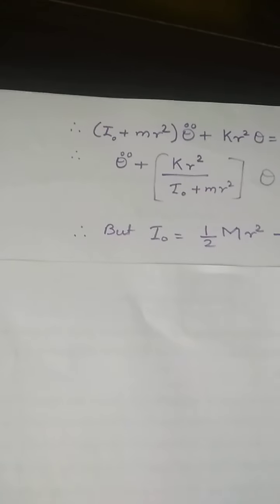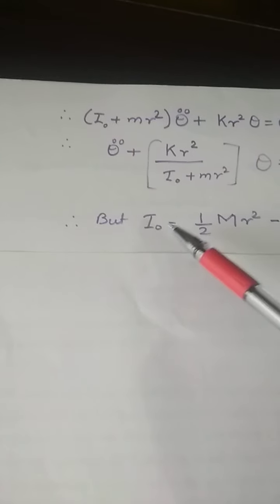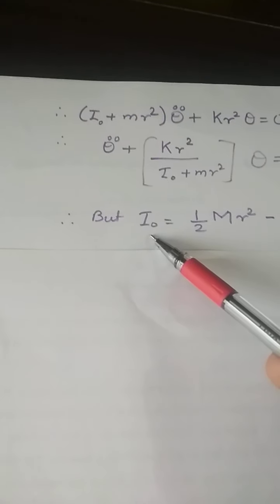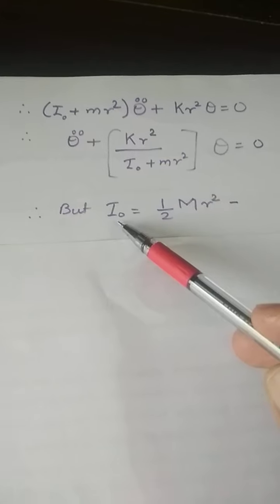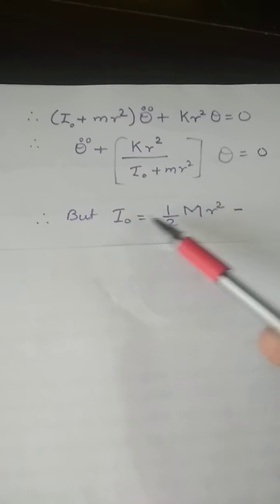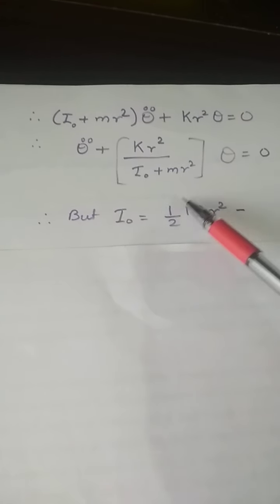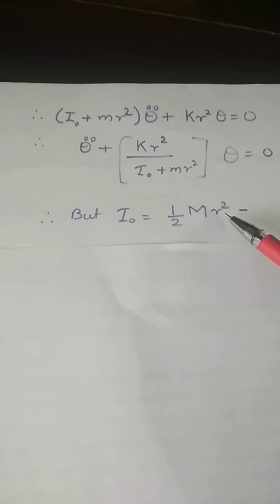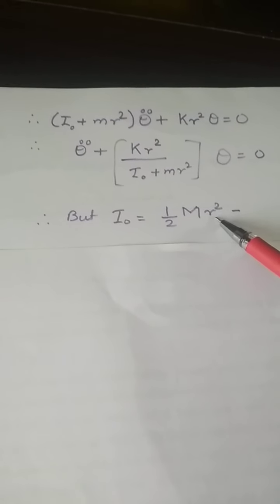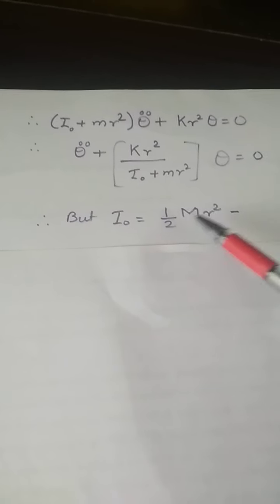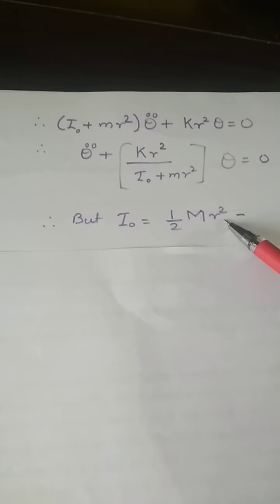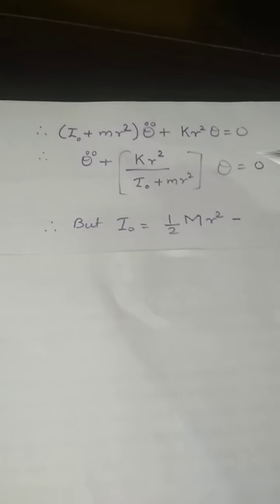Then we know that the moment of inertia of the pulley is one half mass into r square, so 1/2 capital M r square. Put this value here.